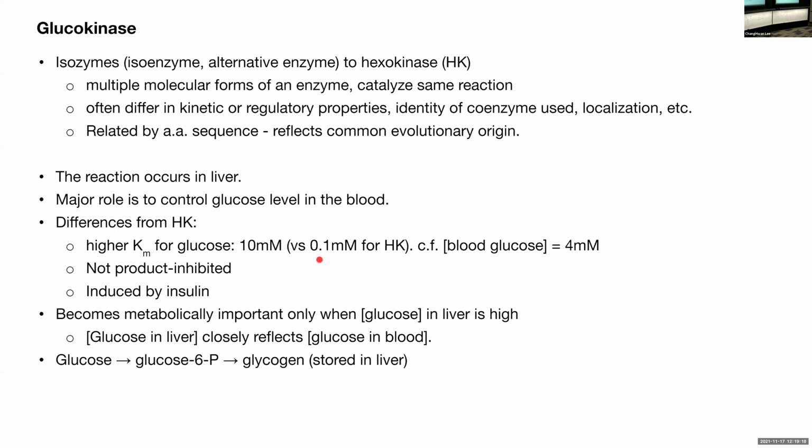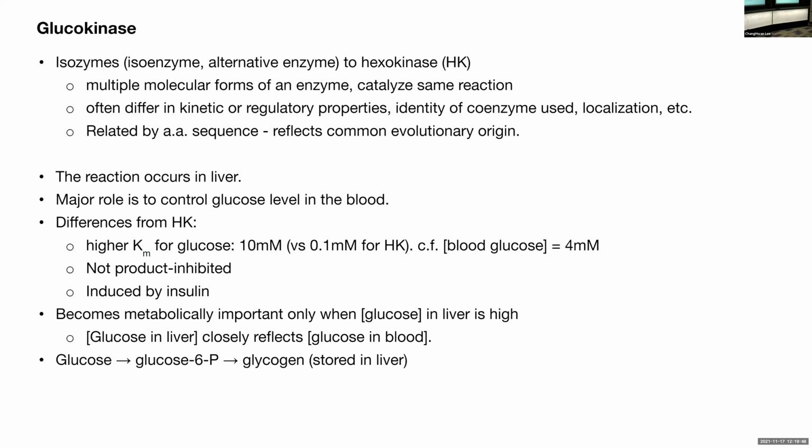And what does that mean? I mean, is a higher Km a good thing for an enzyme or bad? Is it a good thing or a bad thing? Exactly. Km tells you the affinity of an enzyme to its substrate, right? So that means glucokinase has lower affinity to glucose.